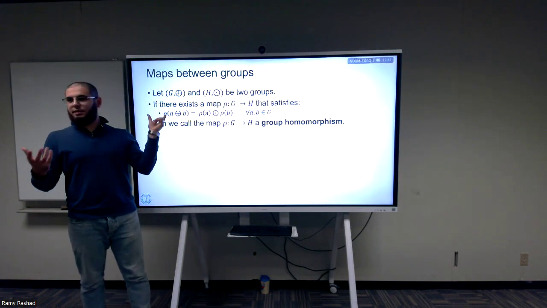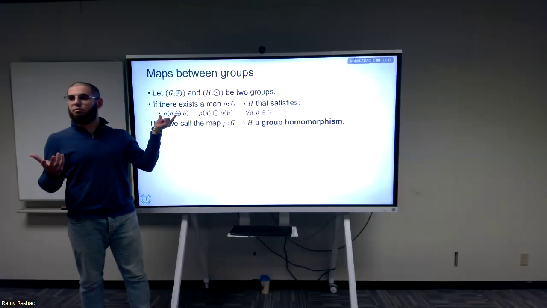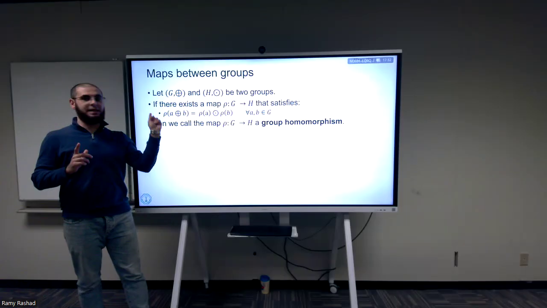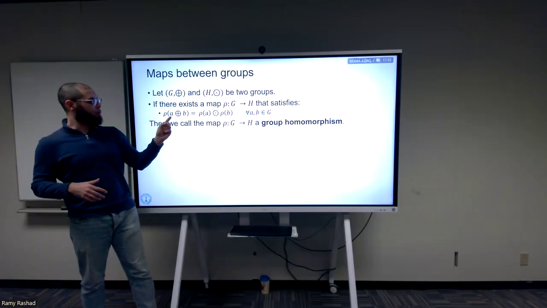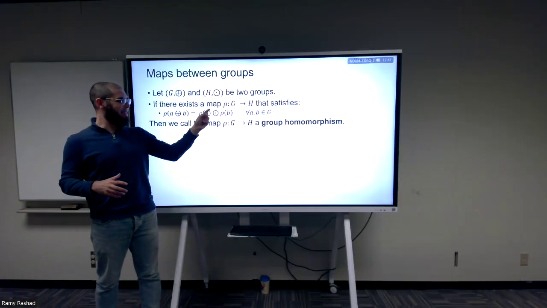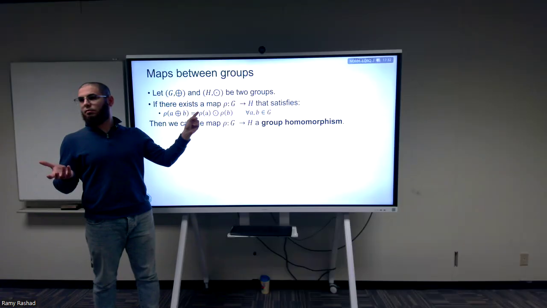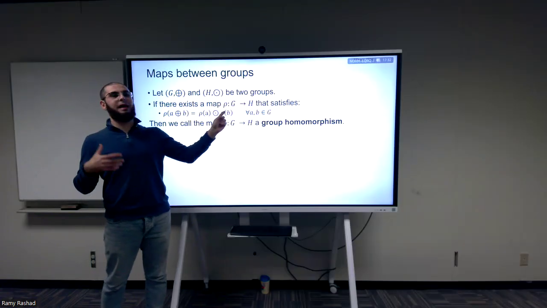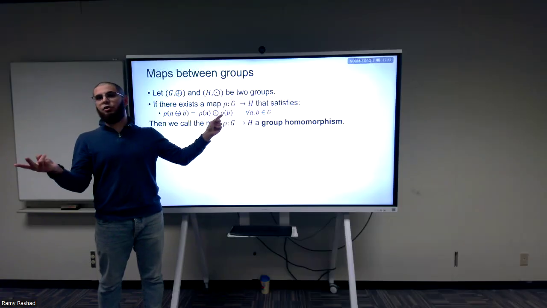If you calculate this, the result is an element in H. It's equivalent to first having rho eat the element a, which gives you an element in H, and rho eats the element b, which gives you an element in H. So I have two elements now in H. What can I do with them?